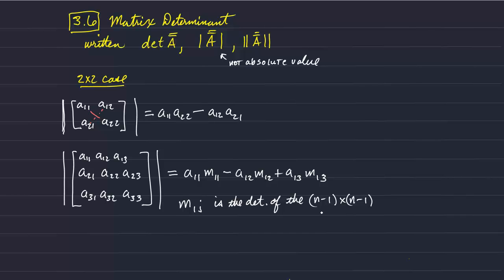In our case here, n minus 1 is 2. So in this case, it's a 2 by 2 submatrix, with, again, row 1 and column j removed.